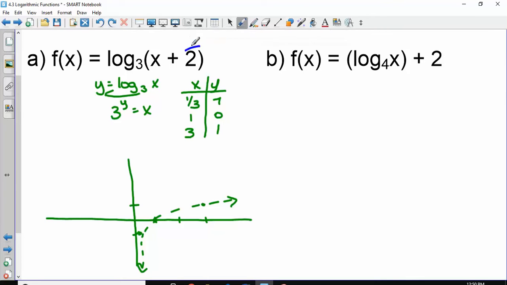Now, what will the plus 2 do? When I move this, what else is going to move? Not just the graph, but also the vertical asymptote will move to -2. And then take each of your points left 2.